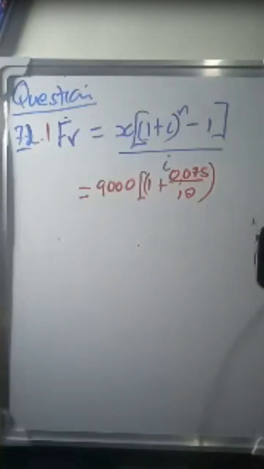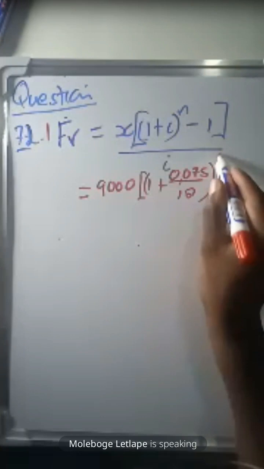So how many payments were made? That is the number of periods, that is n. 7.2.1, read that one. 60 deposits.